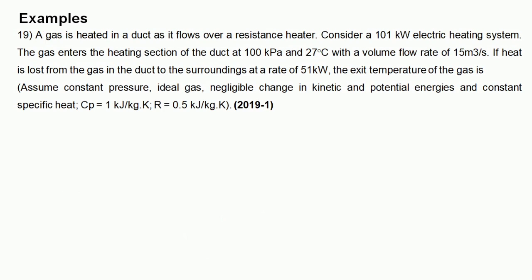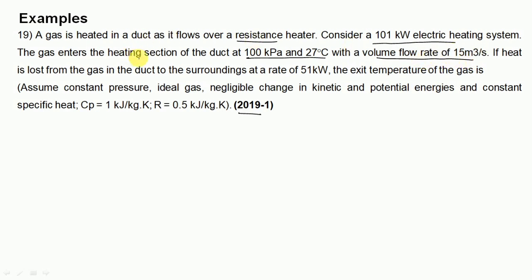Example number 19, and it is from GATE 2019 set 1. A gas is heated in a duct as it flows over a resistance heater. Consider a 101 kilowatt heating system. Gas enters the heating section of the duct at the given condition, 100 kilopascal pressure and 27 degrees temperature, and the volume flow rate is given 15 meter cube per second.